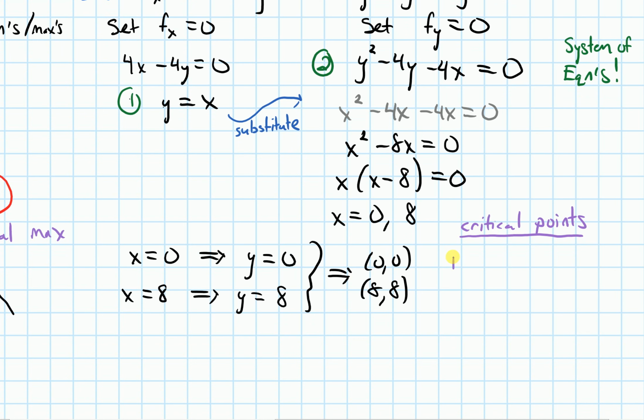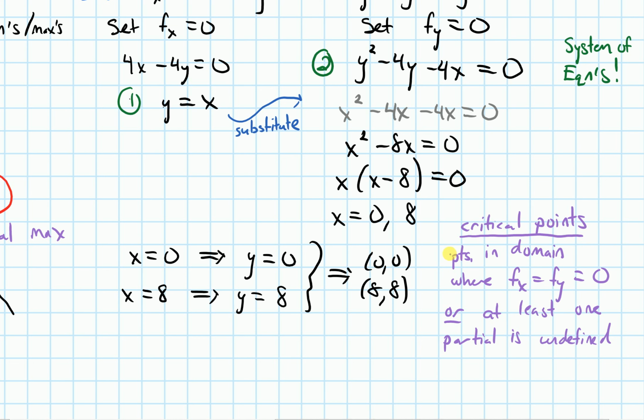Okay, so critical points are points that are in the domain where the partials fx and fy equal 0, or at least one partial is undefined.